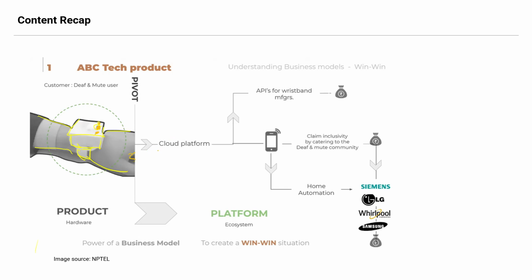So first, they utilized a cloud platform for the data upload, and then they were having APIs for the wristband. They were selling it to the big companies, and by making and pitching that they can make their products inclusive.